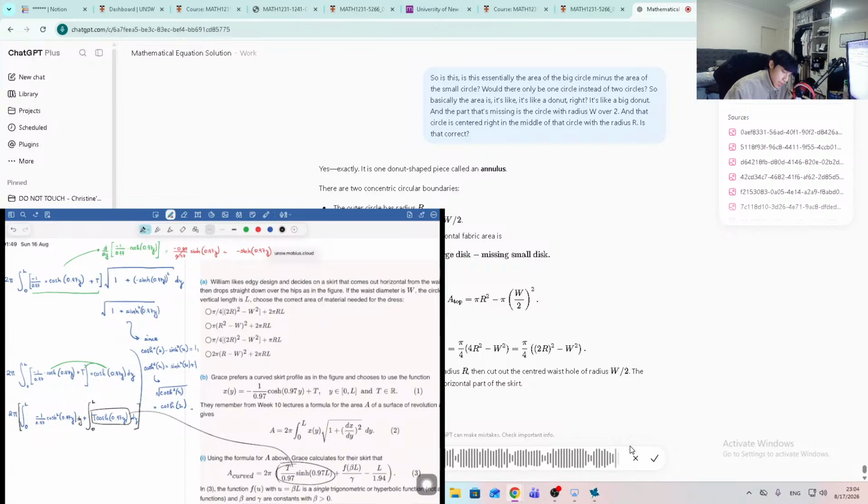So minus hyperbolic sine inside the square root. So we notice 1 plus hyperbolic sine squared of u, or just 0.97y in this case, is equal to cosh squared 0.97y. And so I was able to take out the square root. That's fine.